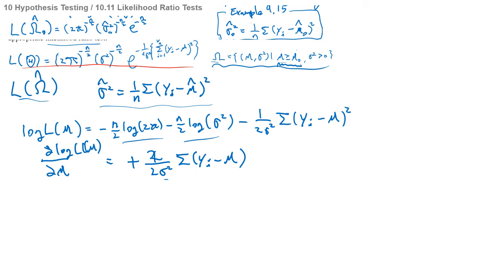This is the first derivative with respect to mu, and let's set it to 0 and solve for mu. Then we get sum of yi minus n mu equals 0. So mu hat is the sum of yi divided by n, which is y bar.